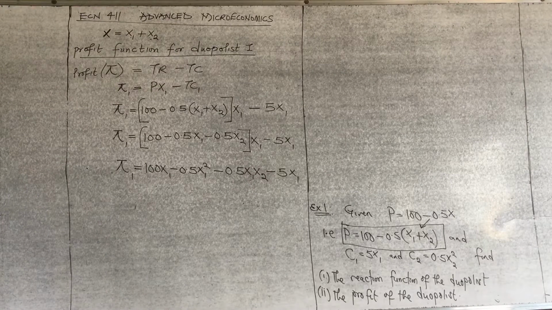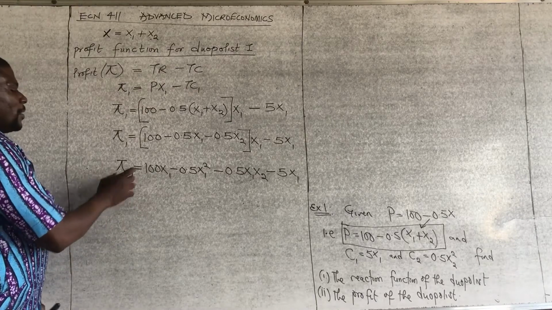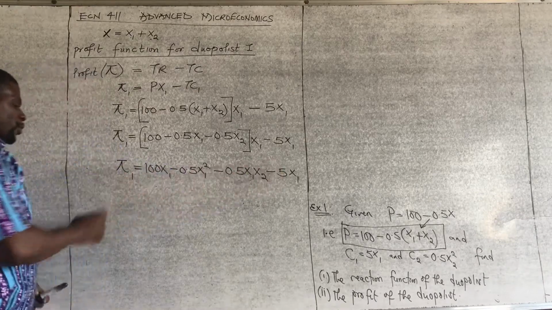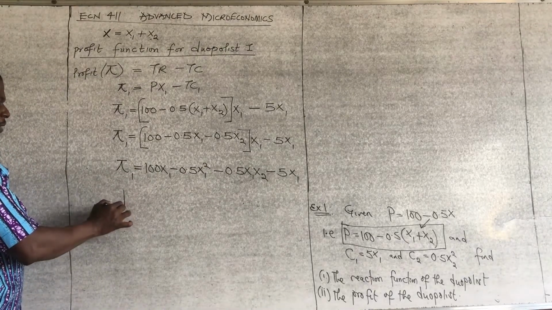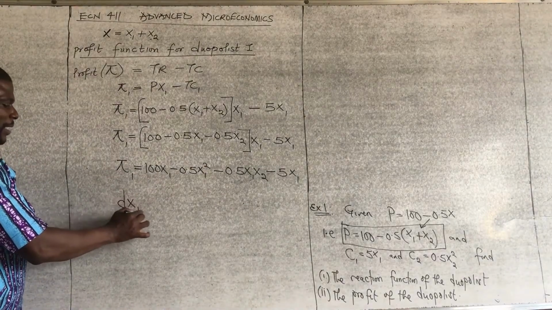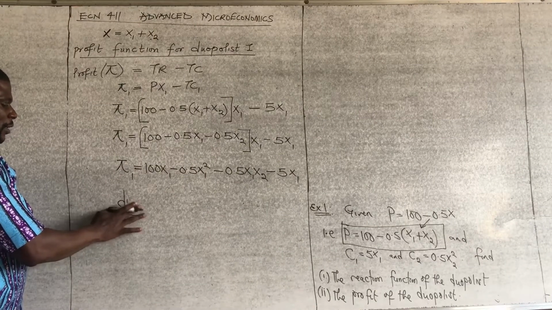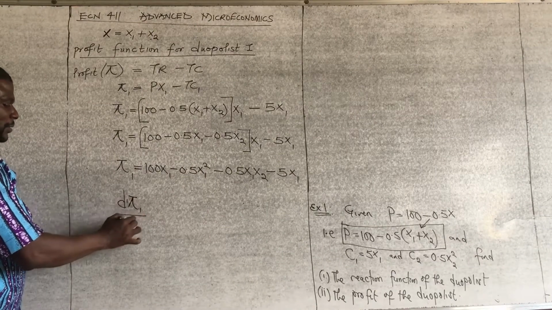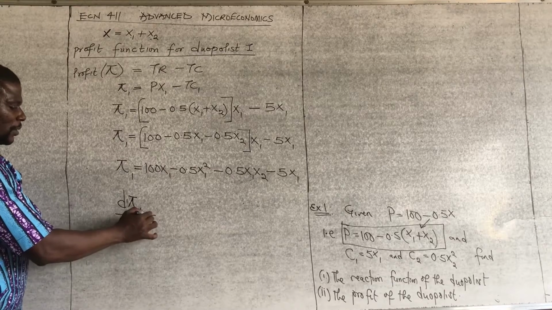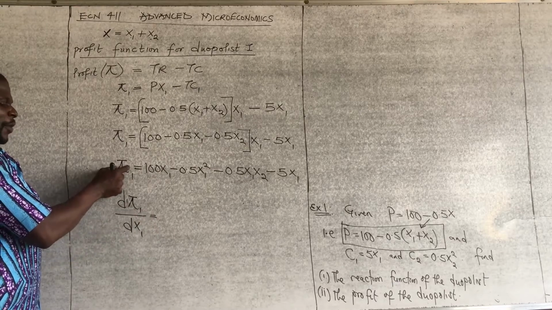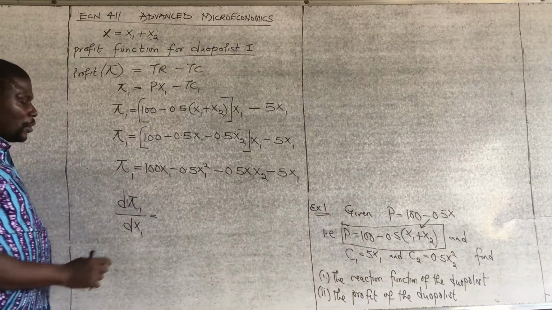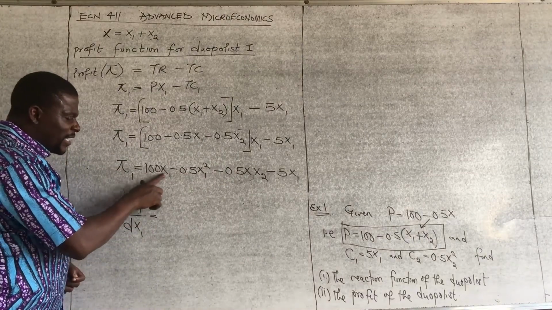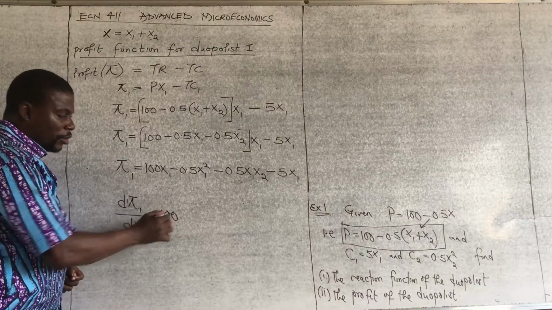And then let's try to get for duopolist 2. Or better still, now that I've gotten the profit function, let's differentiate with respect to x1. So I'll say dπ1 over dx1. I want to differentiate this profit with respect to x1 in this equation. If I differentiate 100x1, what will it give me? 100.